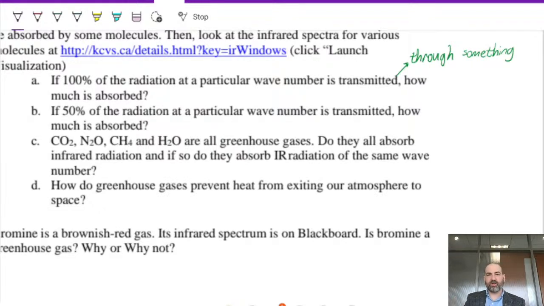So yes, there are lots of other ones, sulfur-based gases, organic gases, but they're not at significant concentrations in our atmosphere to really make any difference. So these are the ones that most contribute to our climate.